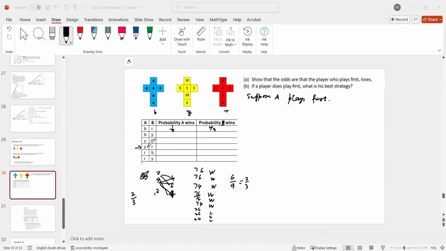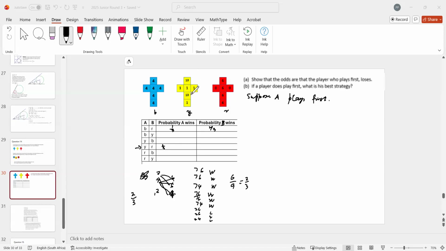Now, he will win, Y will win only when he throws a 10. So if Y throws a 10, that is 1/3 of the time, right? And that 10 will beat any of these.